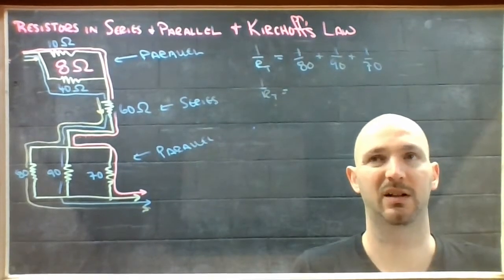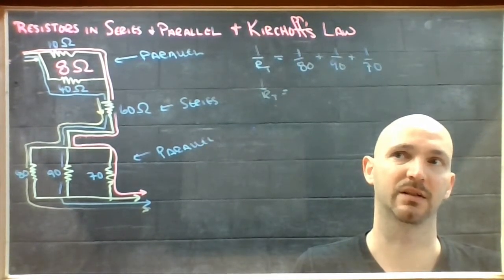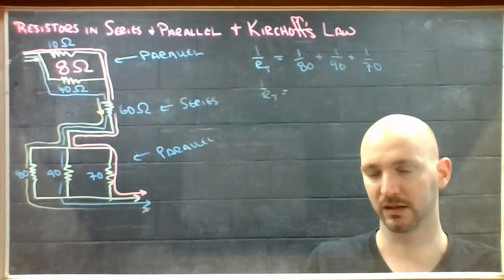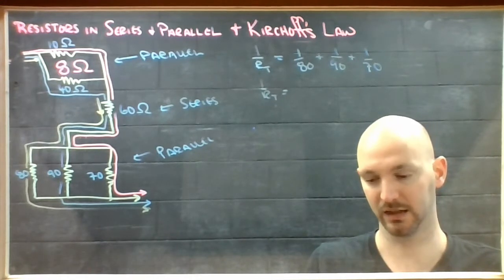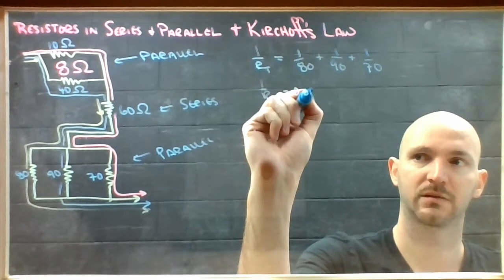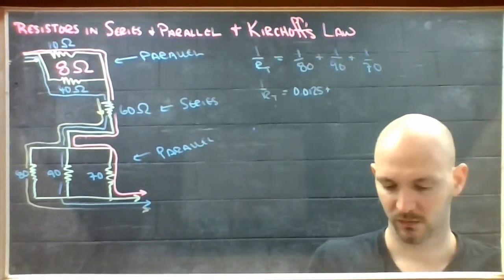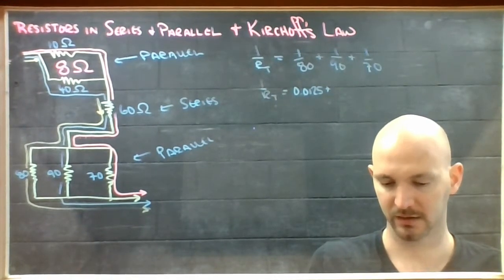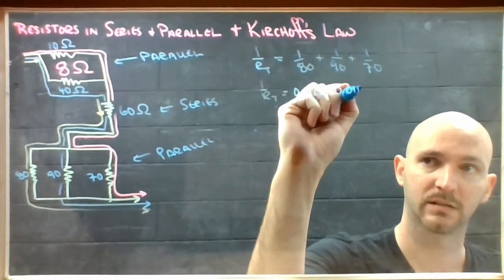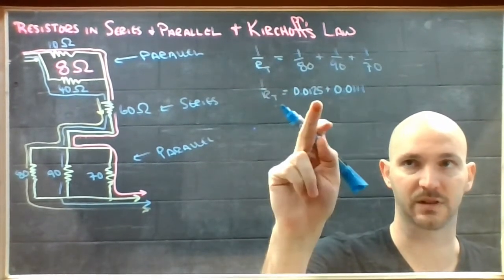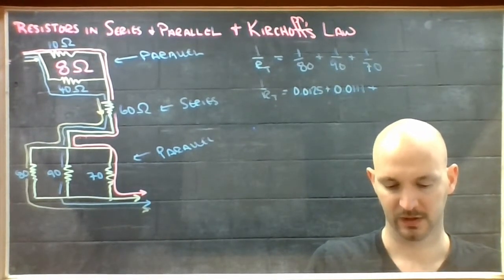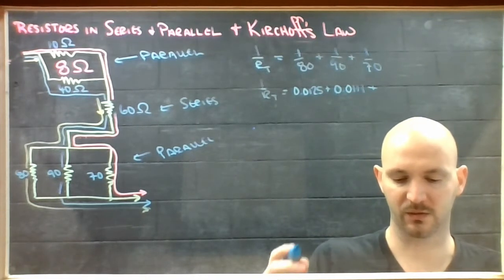Now, I don't know about the common denominators there, so let's just try the decimal way. 1 divided by 80 is 0.0125. 1 divided by 90 is 0.01111. I'm just going to keep 3 of them just to match there. And 1 over 70 is 0.0143.